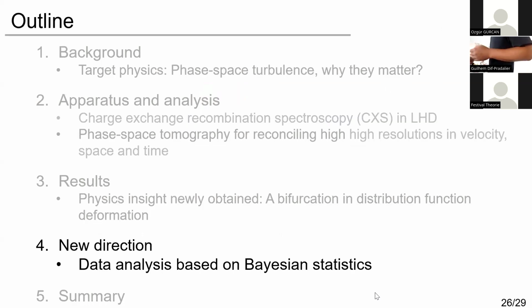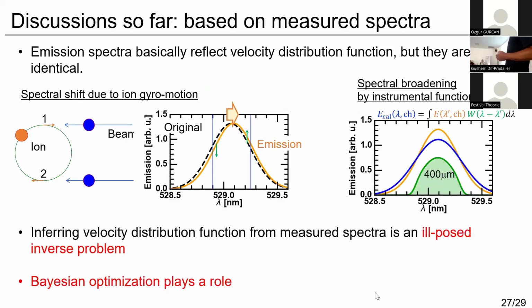So I will quickly go through the new direction. The discussion so far has been based on the measured spectra. However, the emission spectra basically reflect the velocity distribution function, but they are not directly identical. There are several reasons that make the distribution function and the emission spectra different, for example the shift due to the ion gyro motion of the carbon ion, and also the spectral broadening by the instrumental function.